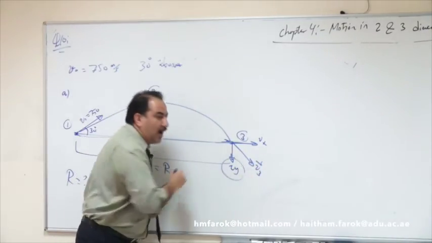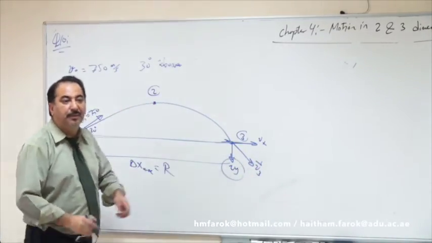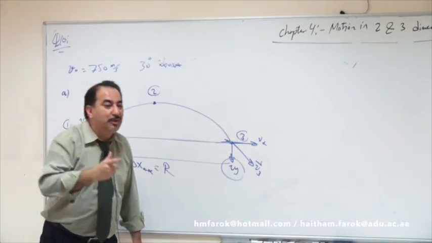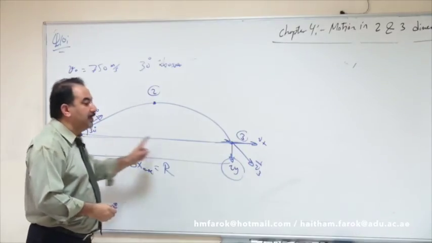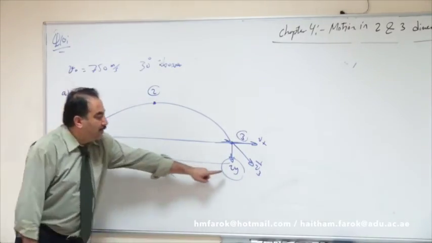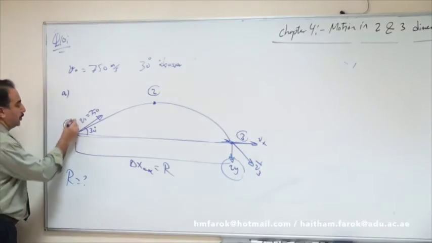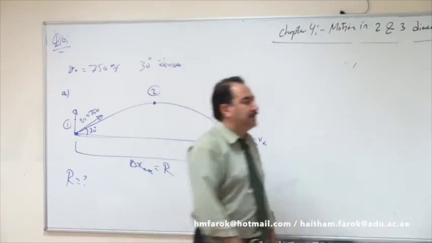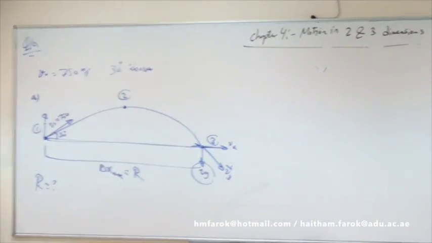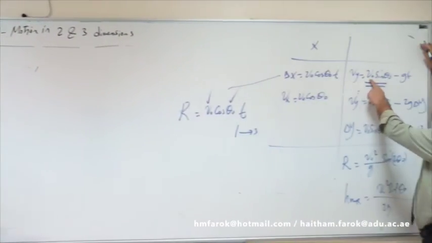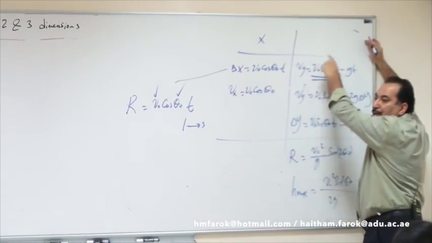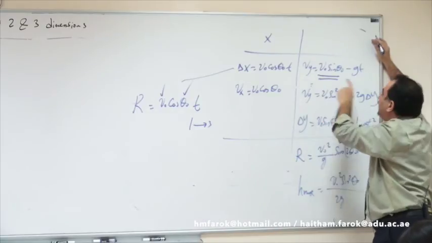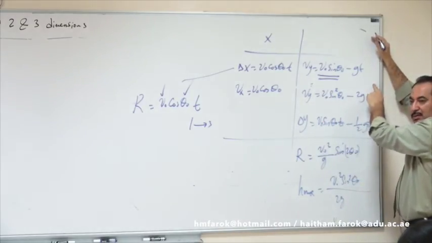It means Vy at 2. Is it given? No. But can you calculate it? Because it's symmetric, Vy here equals V naught Y, but opposite, which means whatever you calculate here, this is V naught Y, yes? V naught sine theta naught. Let's say this is 4. What do you put here? Minus 4. It means you're finding time from 1 to 3.